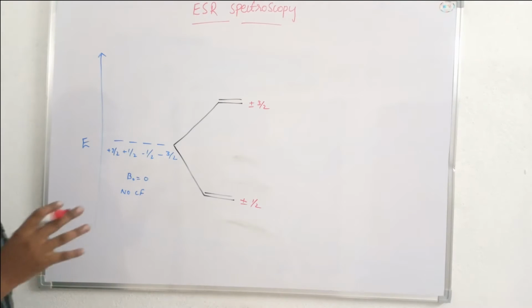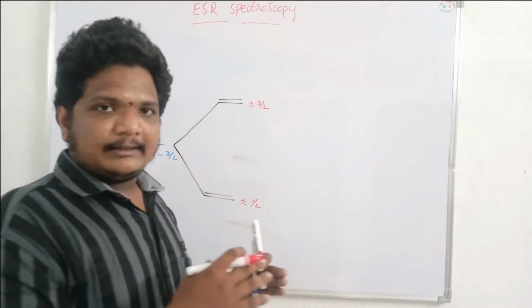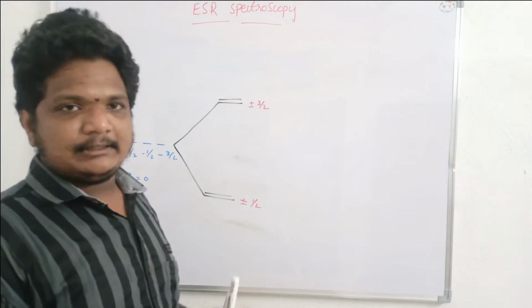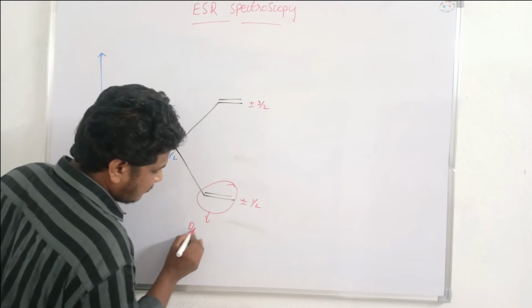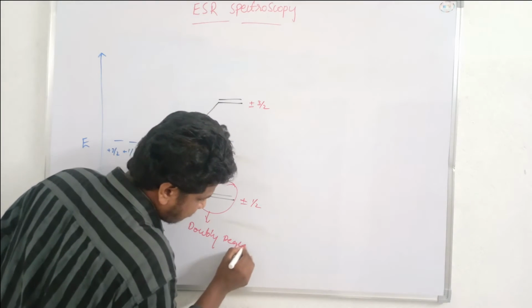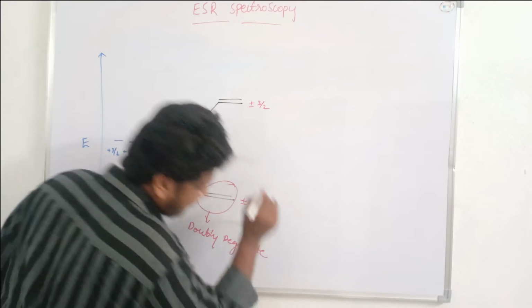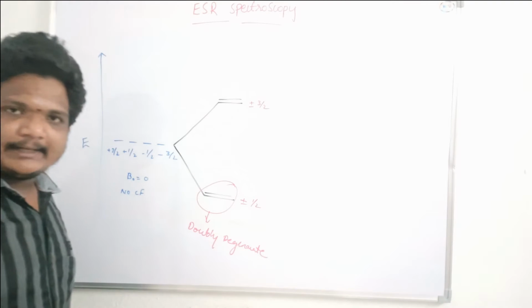The spin states which have the same magnitude get the same kind of energy, so these are doubly degenerate states.